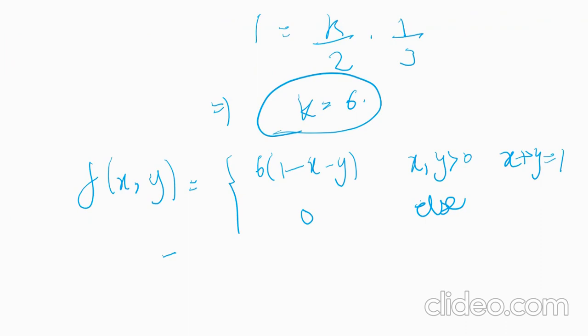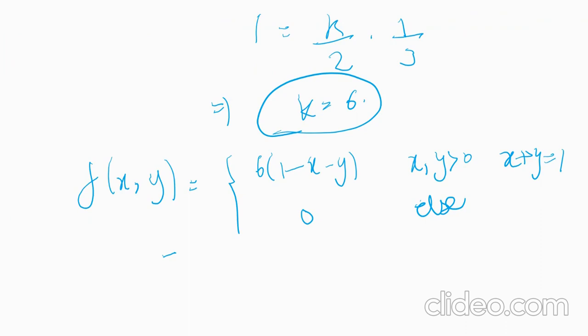So it will be 0 to 1, and the first limit will be (1 minus x)y. The next one is minus y dy, which will be minus y square upon 2. And the limits of y are 0 to 1 minus x, dx. And this whole is equal to 1.